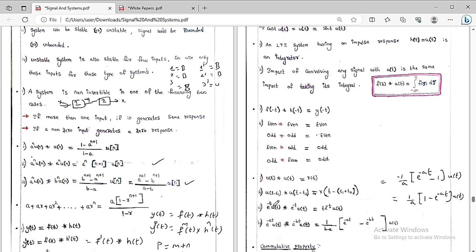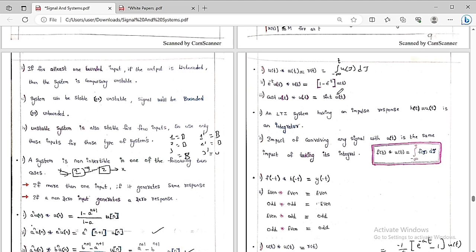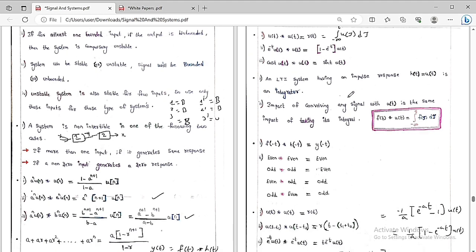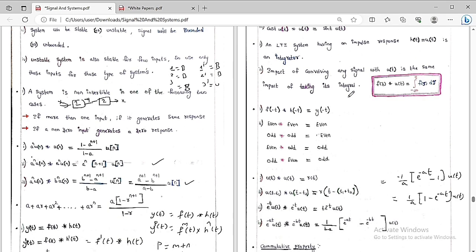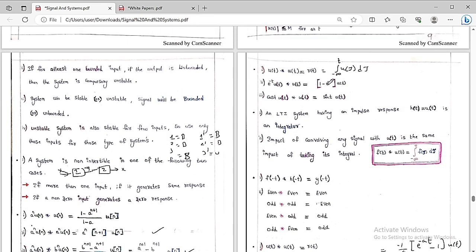So let me see what is the answer I have got here: 1 minus e to the power of minus t into u of t. If you substitute a equal to 1, then you are going to get 1 into 1 minus e to the power of minus t into u of t. So I recommend you to remember this formula. If you remember this formula, in place of b substitute 0, in place of a substitute 1, then you are going to get this expression.